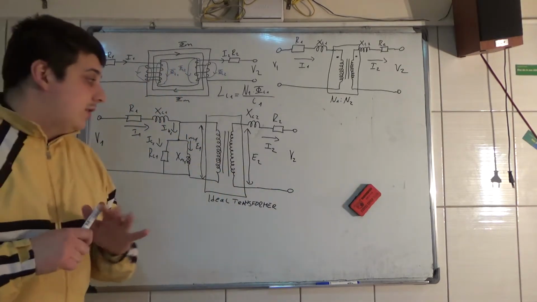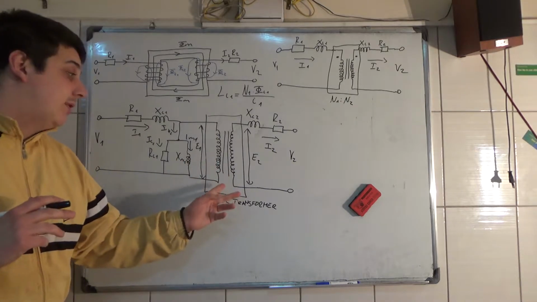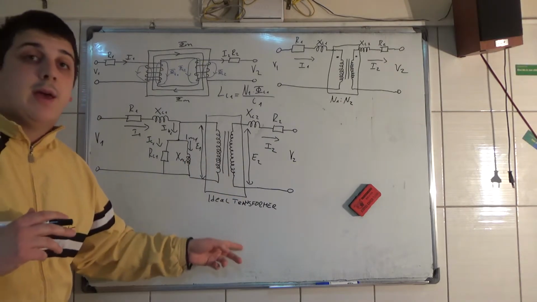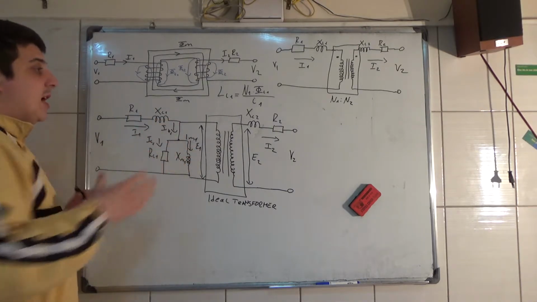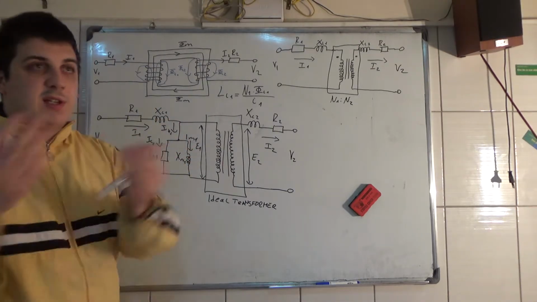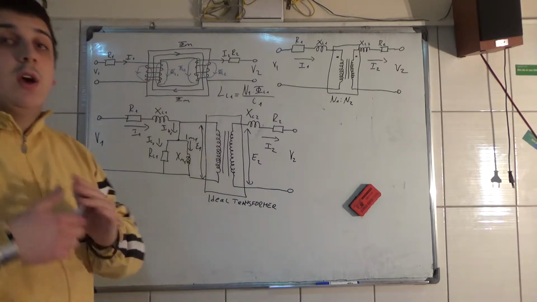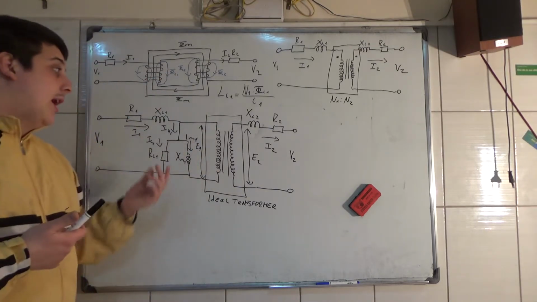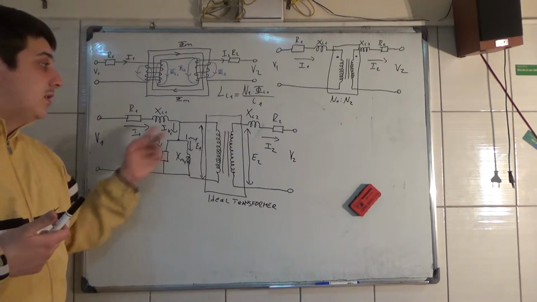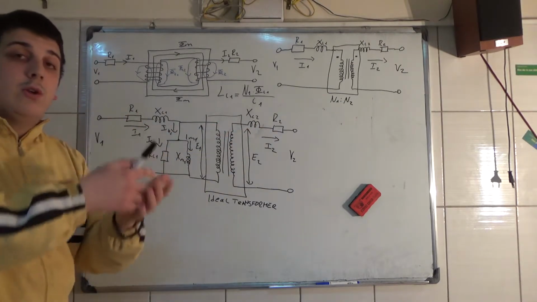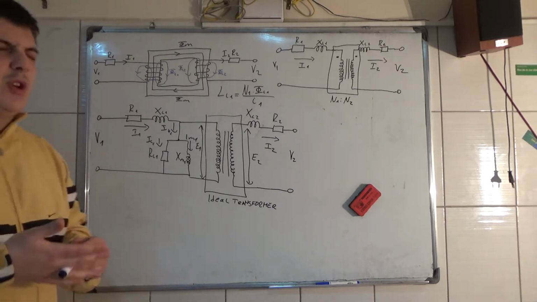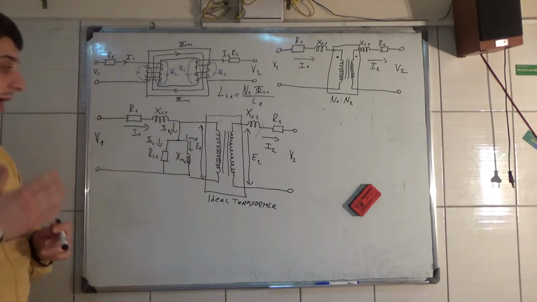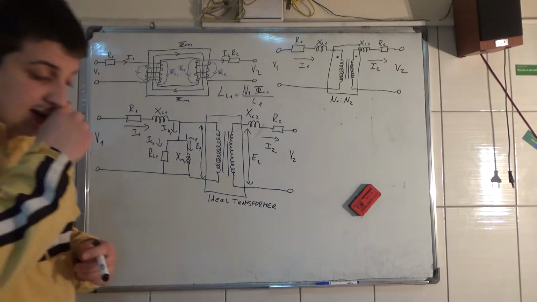Now we have an ideal transformer with the ratio N1 divided by N2, the turns ratio. And all of these parameters are the resistances and the reactances of the transformer. All of this here and here, you calculate using some experiments, some test measurements, and we'll see them in my next videos.